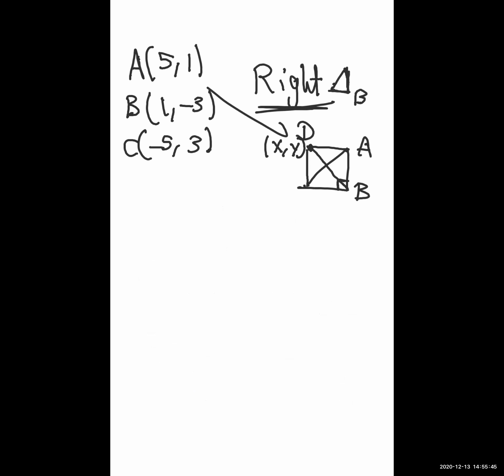Now I will get this point, C. Now I will get the midpoint of AC. The midpoint of AC will equal x1 plus x2, 5 plus negative 5, which will be 0 over 2, and 1 plus 3, which is equal to 4 over 2.